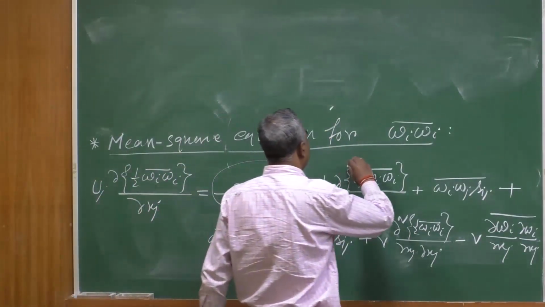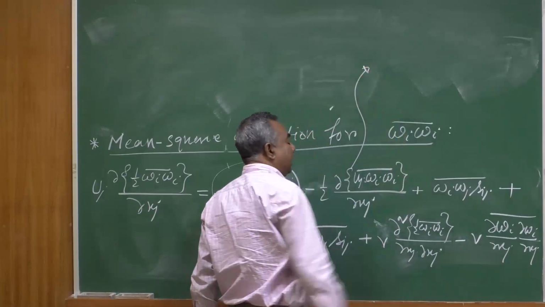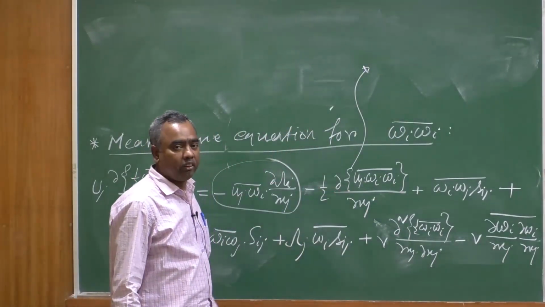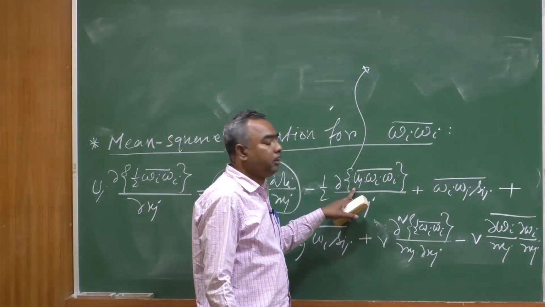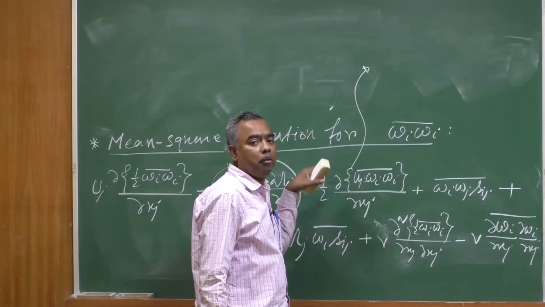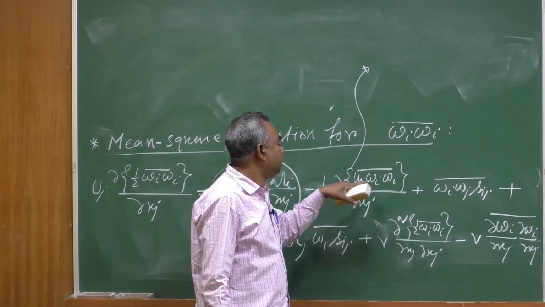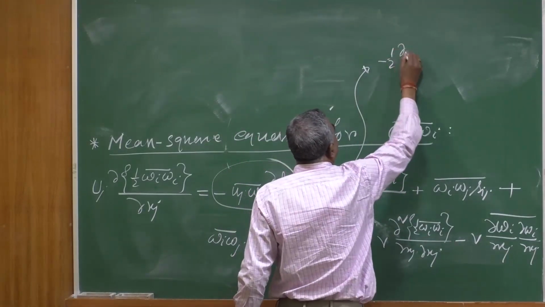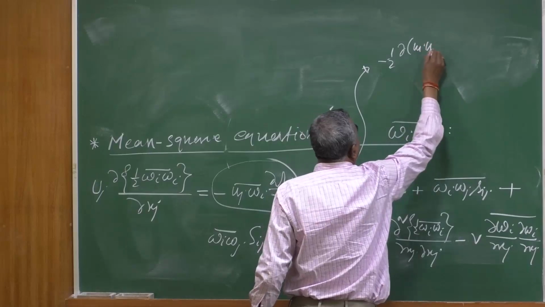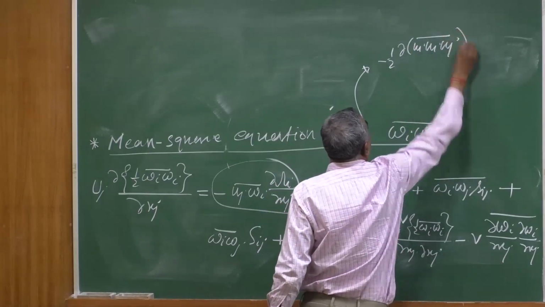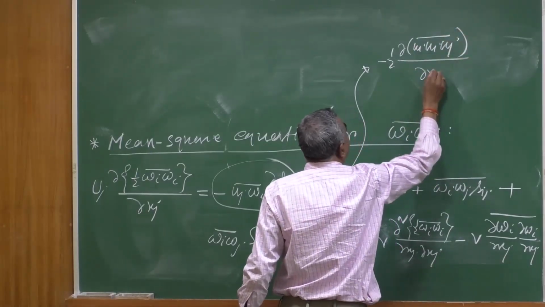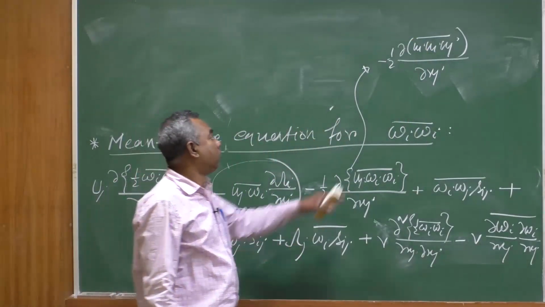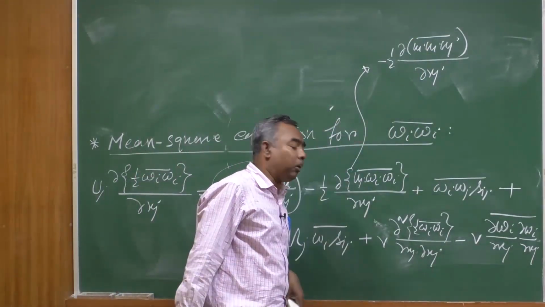And this is your kind of transport term, transport by turbulent fluctuation, which was u_i u_j bar. If you can remember, this particular term was our del u_i u_j bar, the transport of turbulent kinetic energy by the turbulent velocity fluctuation.